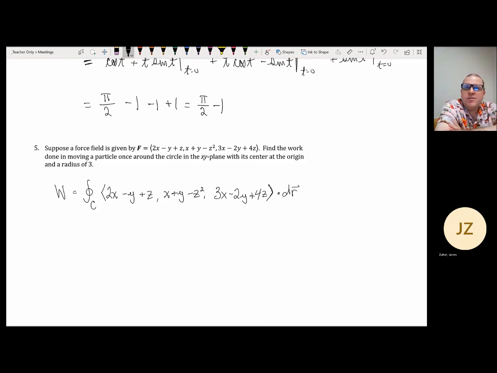That is what we're calculating. Right, notice this is a circulation because we're traversing the circle one time, right? It's one full revolution.